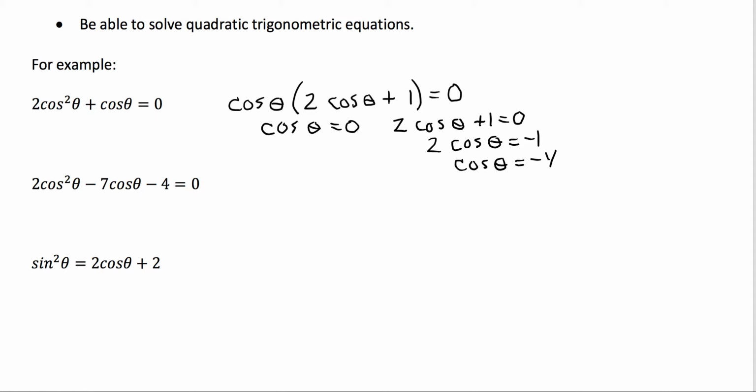So where is cosine equal to -1/2? That would be in the second and the third quadrant. I know that cosine of pi over 3 is the 1/2. So in the second quadrant, that's going to be 2 pi over 3 and 4 pi over 3.